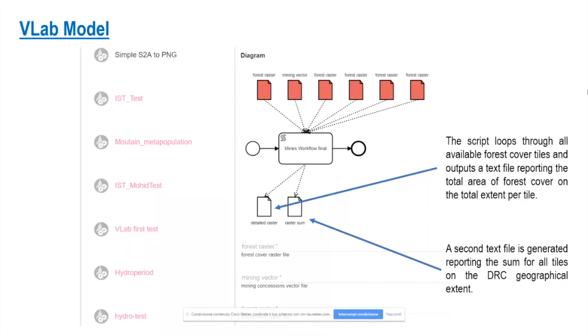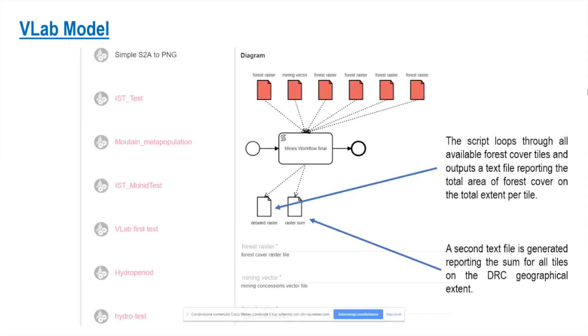So we have the inputs. They are the vector for the mining concessions, and then for our case we use 5 raster to cover the whole region of interest. And then we have the 2 outputs.